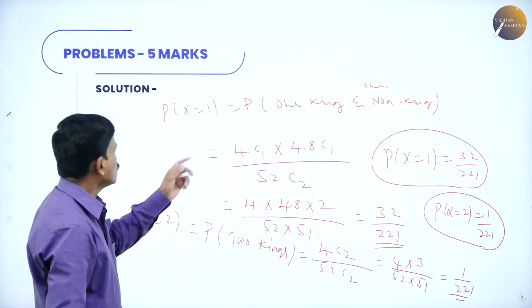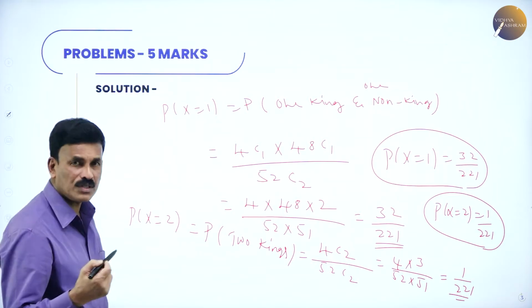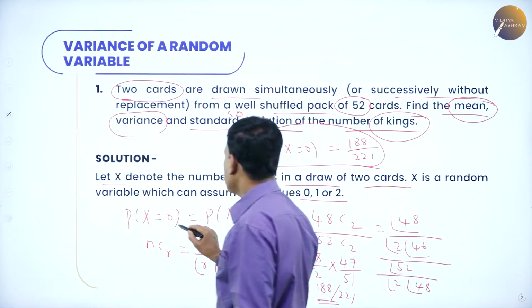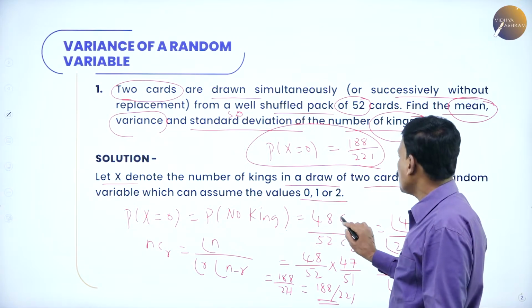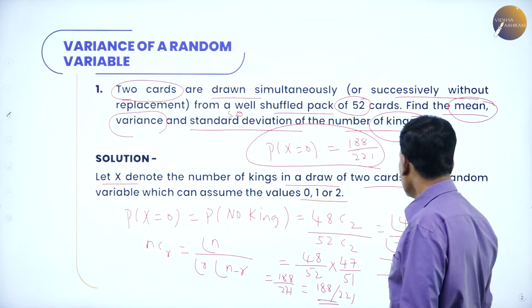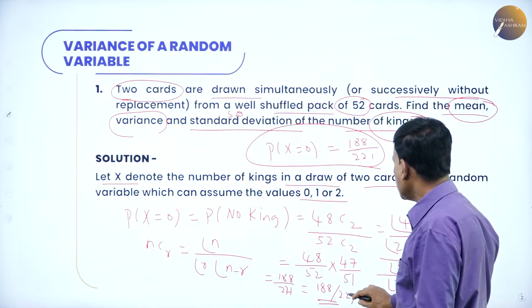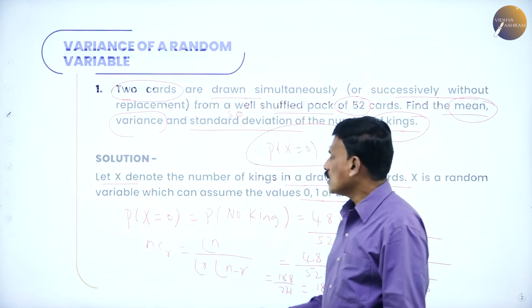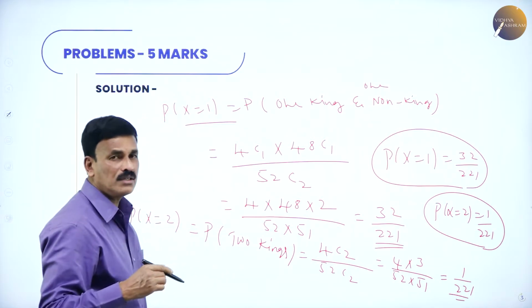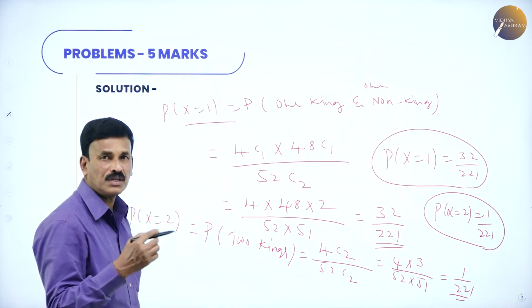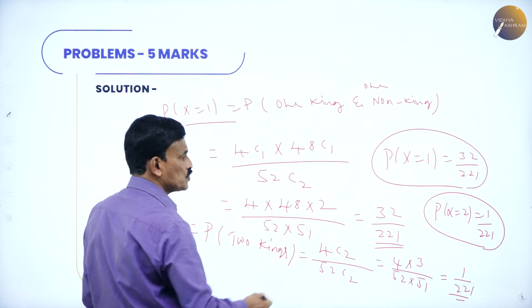Okay, listen to me. So here what is the problem given? Once again I will explain. When x is equal to 0, probability of no king is 48C2 divided by 52C2. On simplification, this is equal to 188 divided by 221. Now when x is equal to 1, the probability of one king and one non-king is 4C1 into 48C1 divided by 52C2.